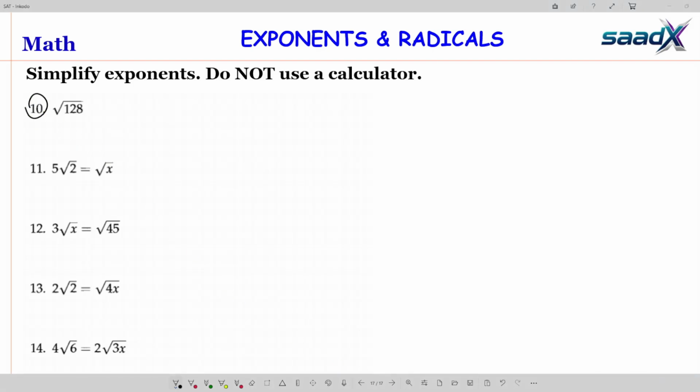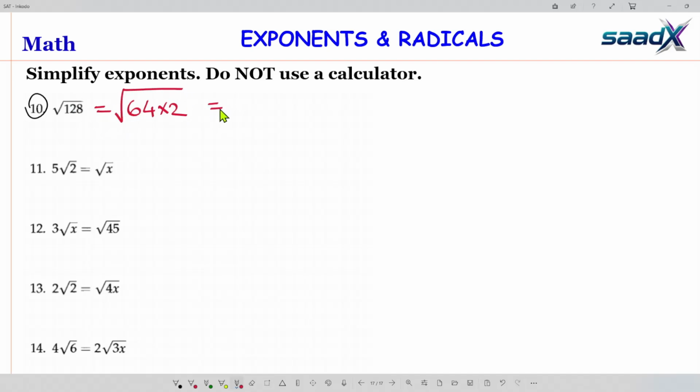Let's get started. Number 10, here is root 128. First we have to find which factor of 128 is a perfect square. Look, 64 times 2 is 128.